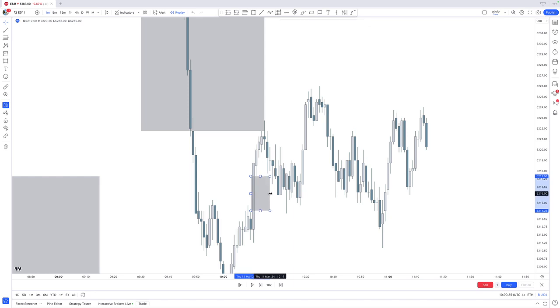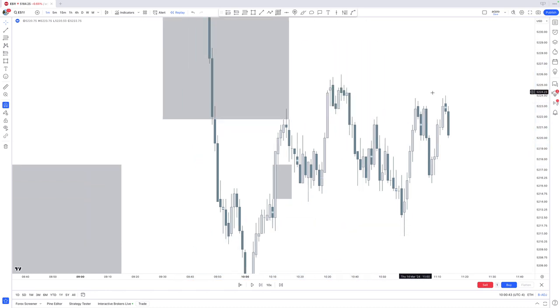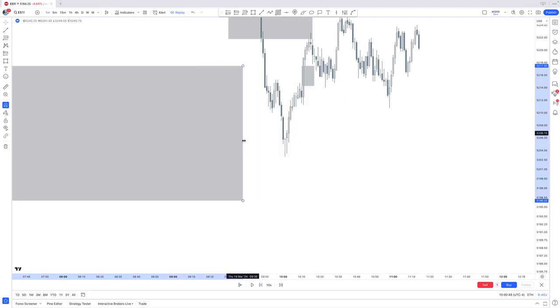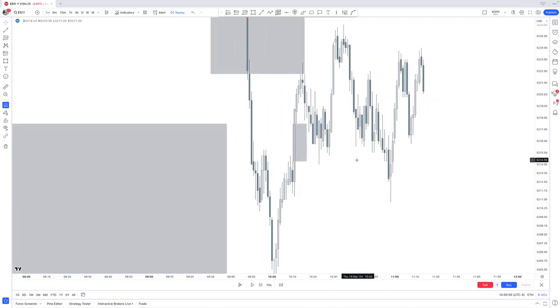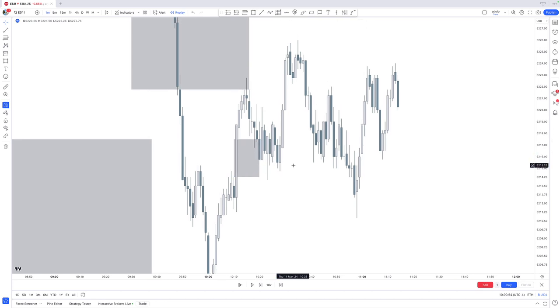So now there's a lot of conflict, because if we want to continue lower, we will continue lower off of this 15-minute fair value gap. If we want to continue higher, then we will continue higher off of this daily fair value gap sitting right there. If we also want to continue higher, then we will continue higher off this 1-minute fair value gap right there. So there's now a lot of conflict. There is a strong bearish hand, there's a strong bullish hand, which overall leads to 50-50 price action right there.